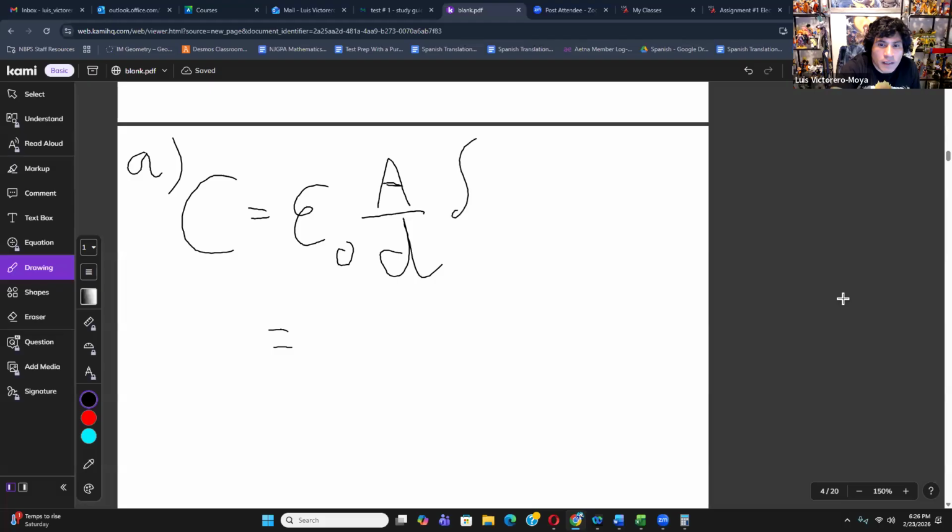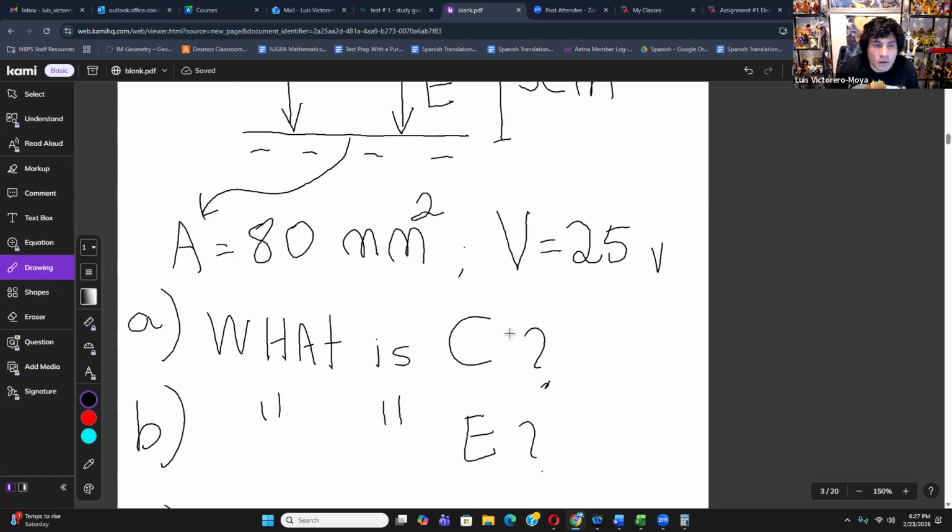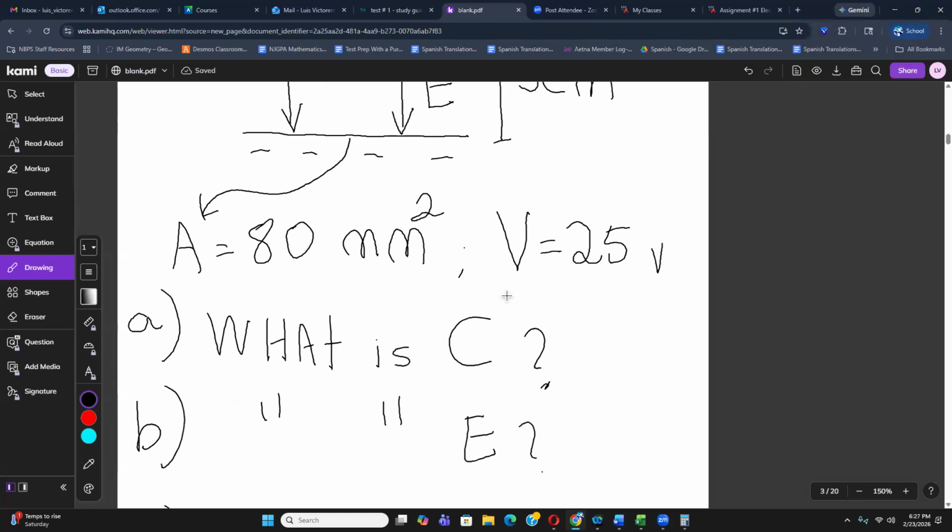Okay, what was D in meters? 0.05, right? What's the area in meters squared though? You're given 80 millimeters squared. 10 raised to minus 6.